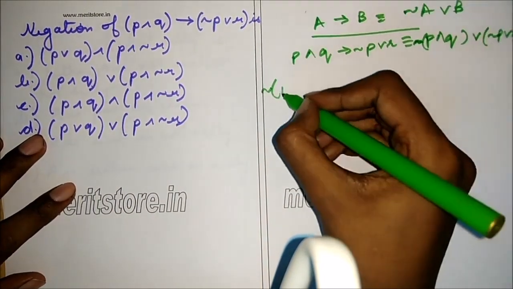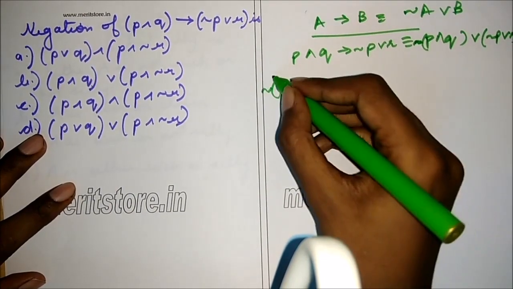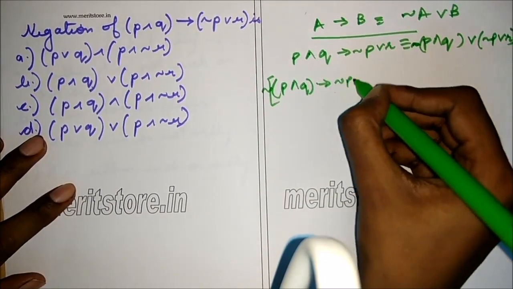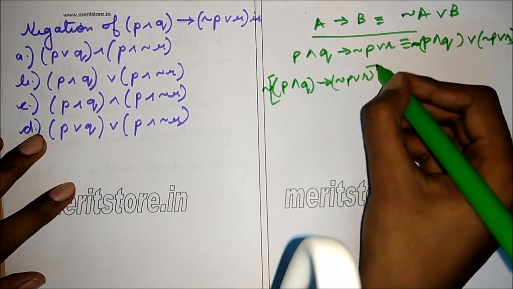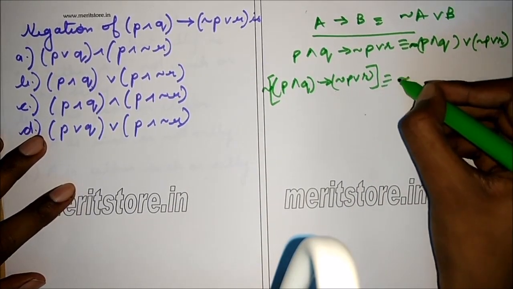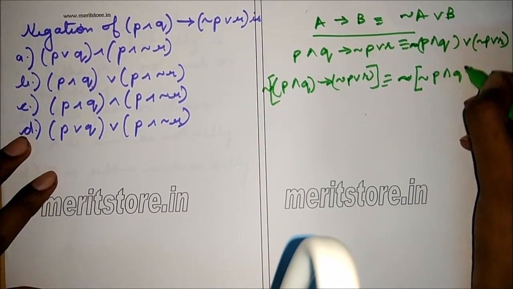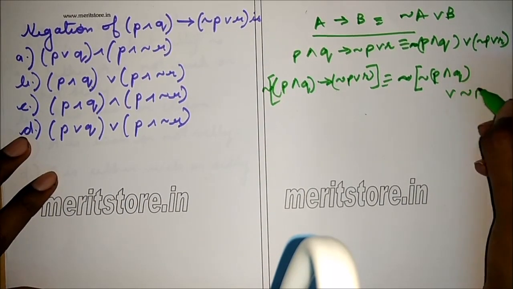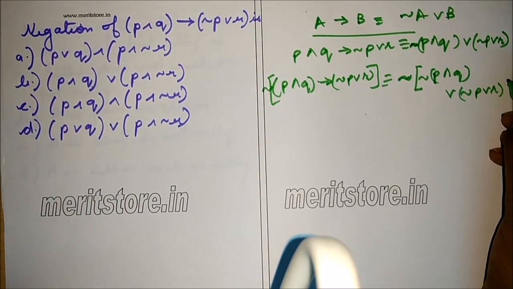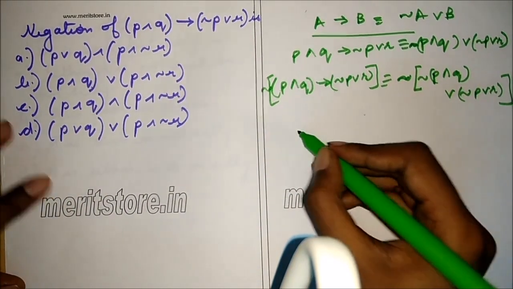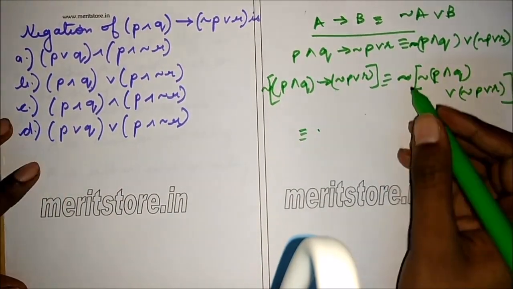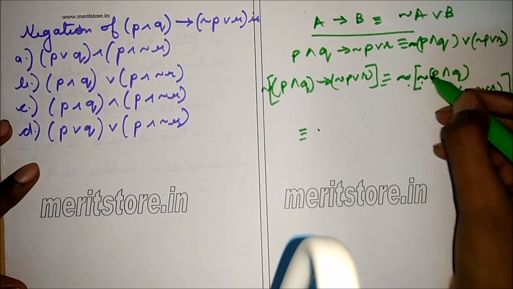So negation of P and Q implies negation of P or R is equivalent to negation of negation P and Q or negation P or R. Bringing negation inside the bracket, this will be negation of negation gets cancelled.